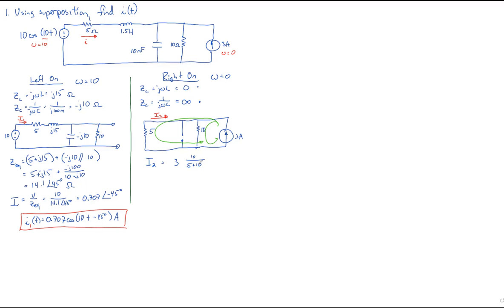But that's not quite right, because this current source is pushing the current in the opposite direction of how we defined our I sub 2. So we need to put a negative sign in front of it. And now we can simplify this, and that's just minus 2. And so our partial second current is going to be minus 2 amps.